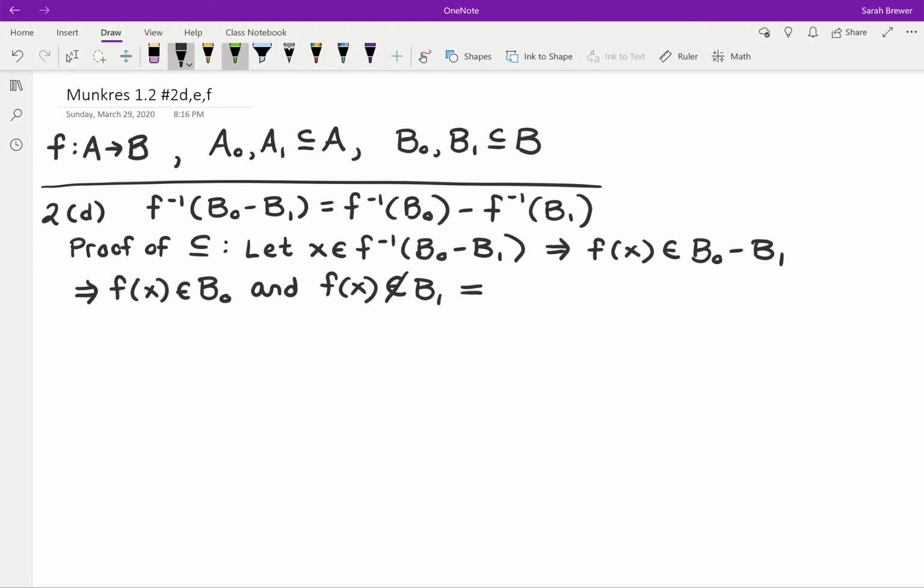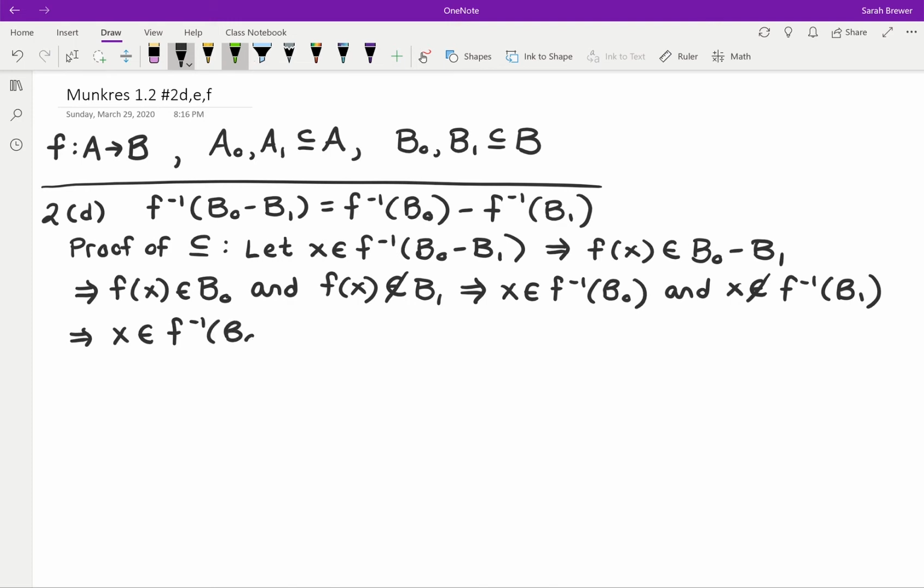From there we can say that x is in the preimage of B0 and x is not in the preimage of B1. If that's the case, then x is in the difference of those preimages. All right, so that proves that direction.